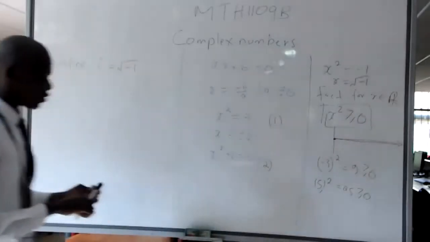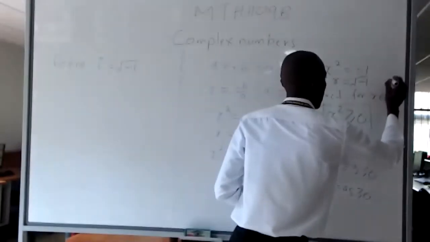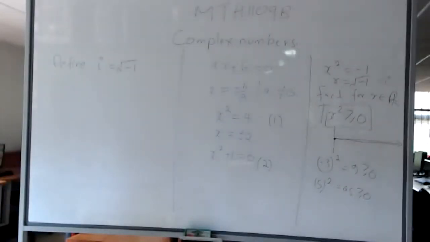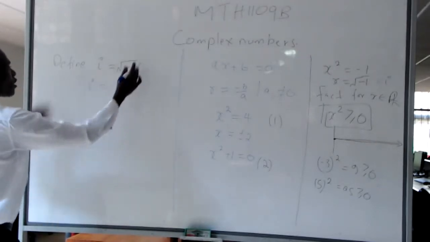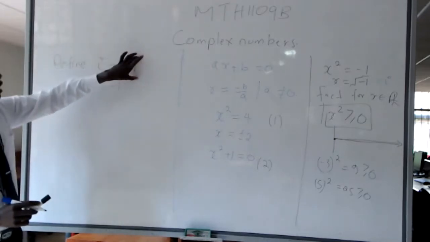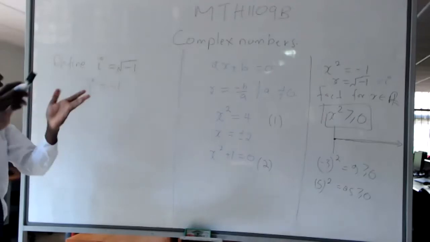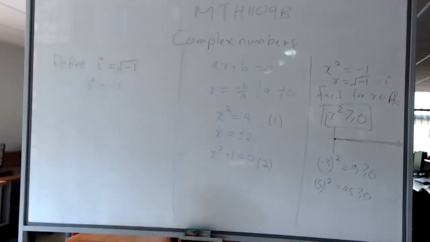It is this square root of -1 which we are going to denote by i, standing for imaginary. And then it means that i squared is equal to -1. I've just squared on both sides. Squaring this side, I get i squared. On the right hand side, squaring will remove the square root symbol because the power and the root cancel out, and I get what is under the root, which is -1.